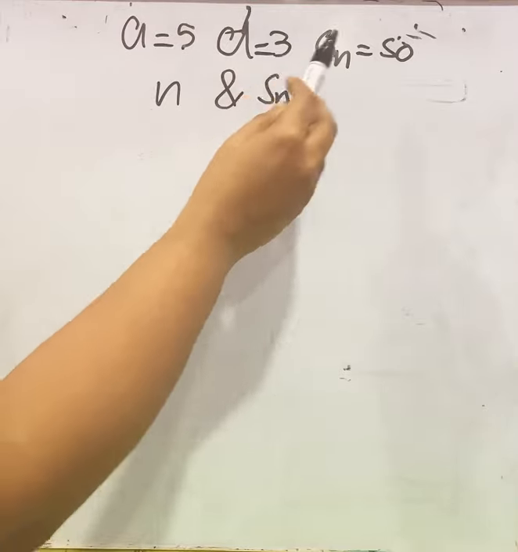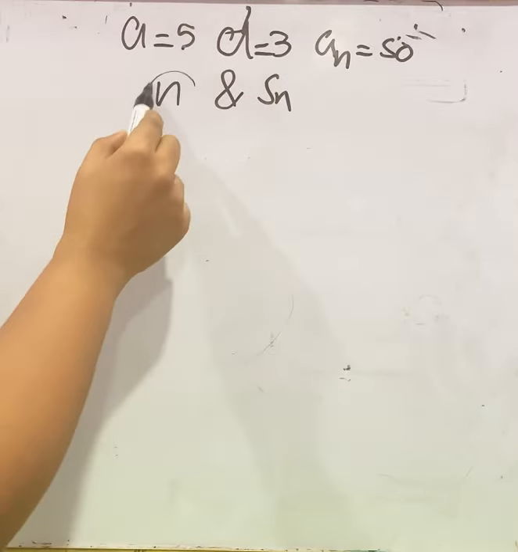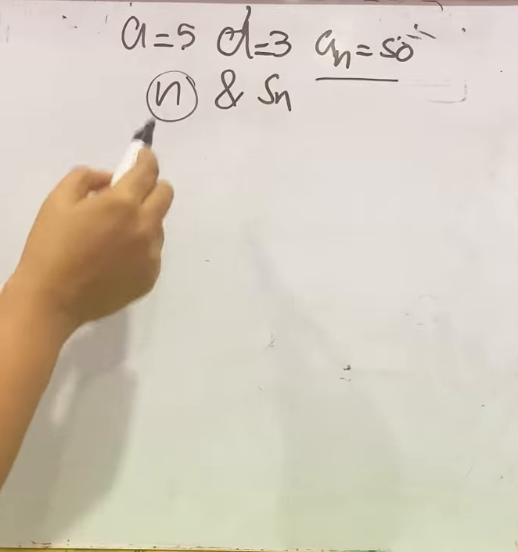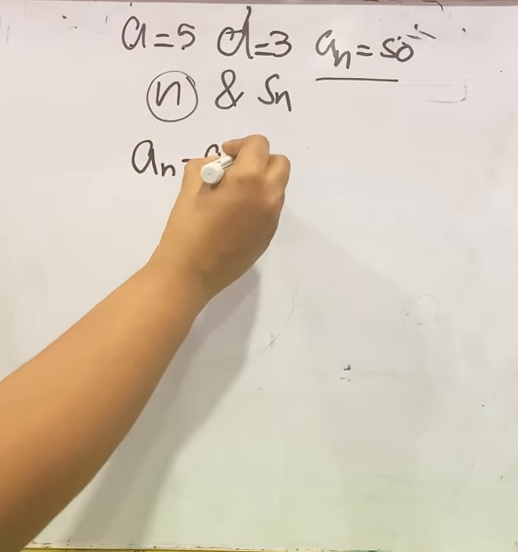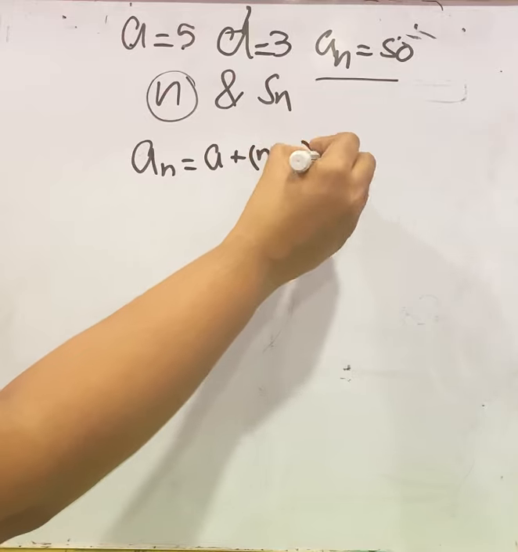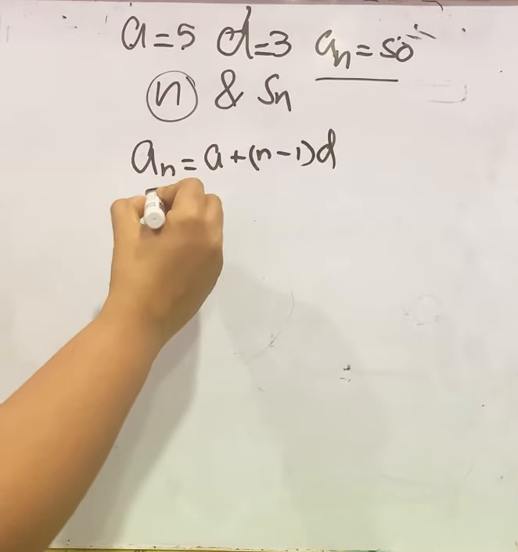Here, from the given information, we can find n because we have an, a and d. We know the equation an equal to a plus (n minus 1) into d, and here an is 50.